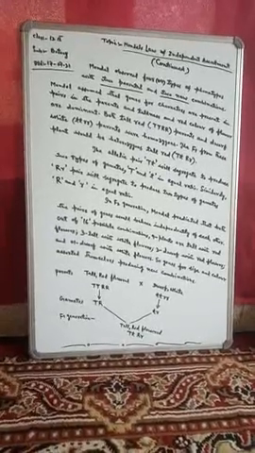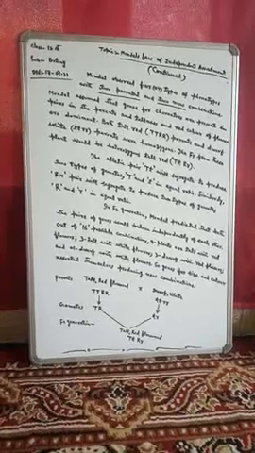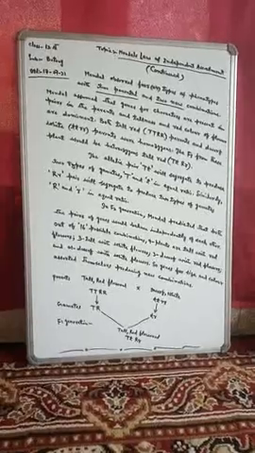Mendel assumed that genes for characters are present in pairs in the parents, and tallness and red color of flower are dominant. This we have seen in our previous lecture.